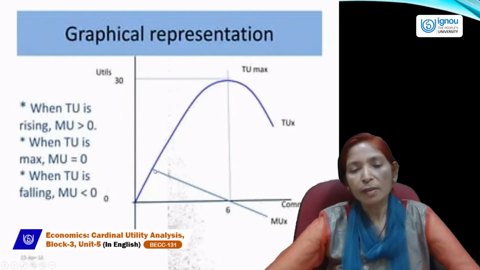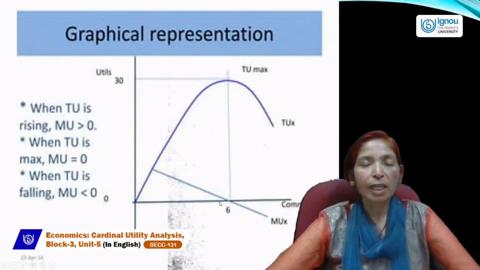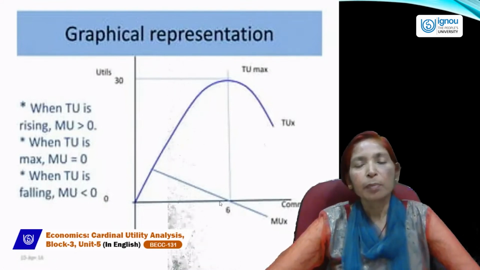That's why the MU curve always slopes downward or is negatively sloped. After that, when TU is maximum, MU will be 0. When TU starts falling, MU becomes negative. So this is the relationship which we can graphically represent.